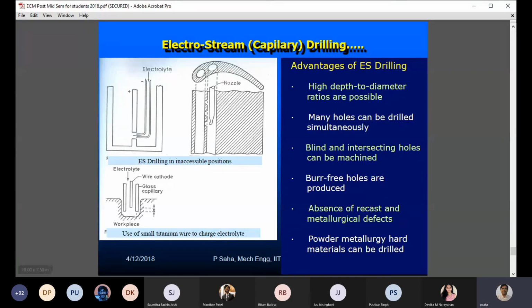It is very narrow, but the electrolyte flow rate is also very small, because it is a small hole. It will exit through this. In this case, it will come over here and it can exit from anywhere. It doesn't matter. It is coming with a higher pressure, and once it exits, the pressure is reduced, balancing with the atmospheric pressure.